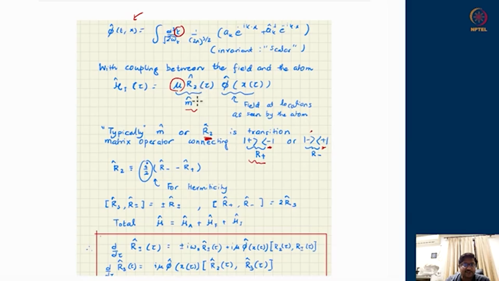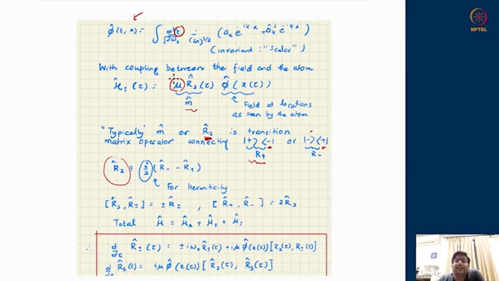So therefore this monopole operator or the transition operator can be written like R minus minus R plus with iota by 2 factor just to restore the hermiticity. This is just sigma plus and sigma minus, if you recall, in terms of Pauli matrices. This is the interaction term with respect to the field.